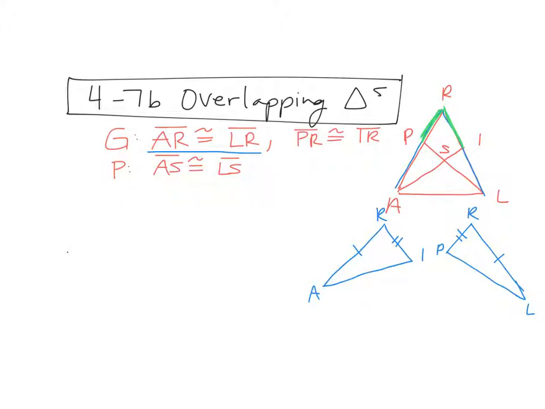What did I say always shows up in overlapping triangles? Reflexive. Do you see something that's reflexive in this one? Angle R. So for our first step, we're going to do the given. For our second step, we're going to say angle R is congruent to angle R because it's reflexive. What can I say is true at this point?